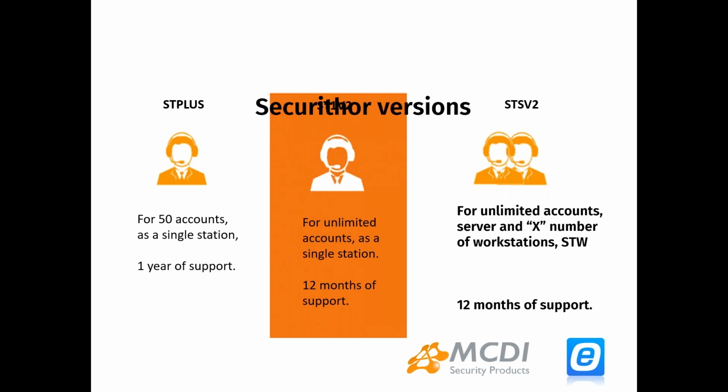You need a license for the server, and then a license for each workstation that you need. A workstation is where you are going to operate Securitor. So let's say that you need 2 or 3 operators at the same time. In that case, you're going to need 3 workstation licenses. Also, you have 12 months of support.